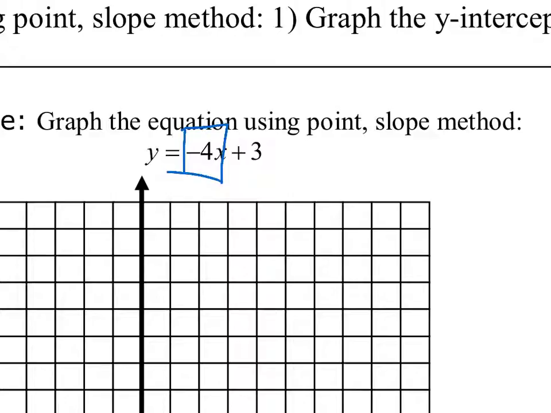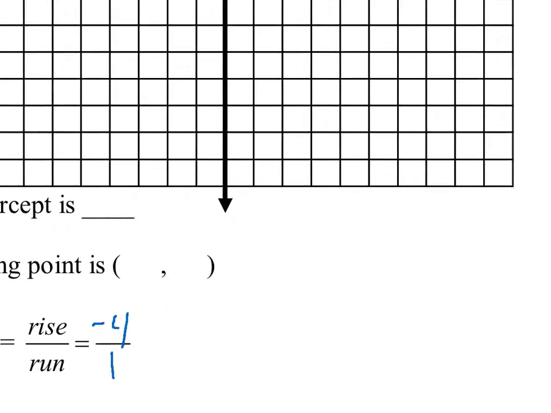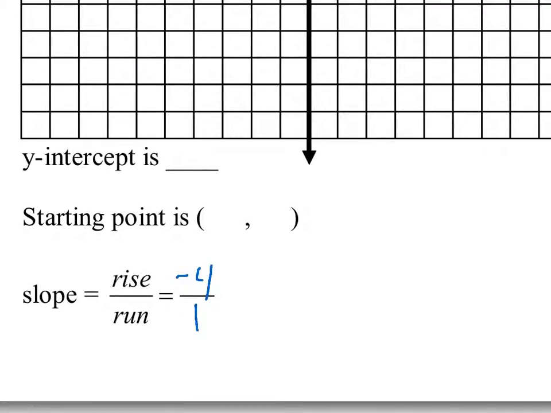What is the y-intercept of this equation? Cassandra? It is 3. It's what's added over here. So if the y-intercept is 3, what is the starting point? What is the point that is given to us? Dwayne?